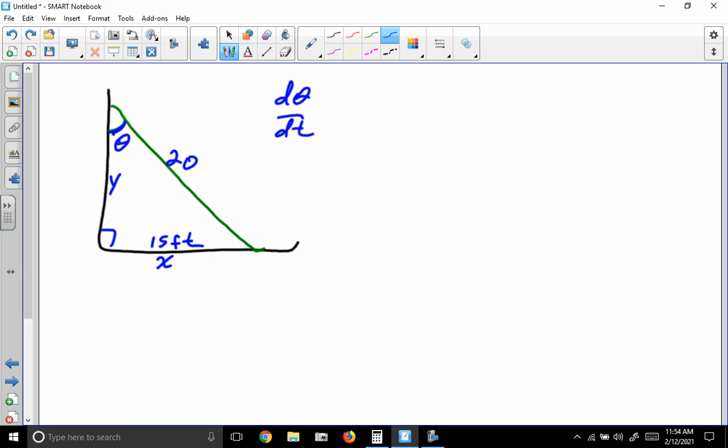So we need to begin by finding a relationship between theta and our triangle. We are given something about x, so let's relate theta to x, and then 20 is a constant. So x is opposite of theta, 20 is the hypotenuse, so we could say that sine of theta is the opposite side over the hypotenuse.